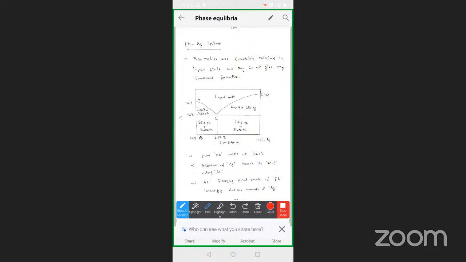So for this system, as we explained earlier, the similar graph we can draw, the phase diagram. Temperature versus composition. This point A, point B. The melting point of lead, and this is the melting point of silver. Here the composition of 100% of lead, here 100% of silver.